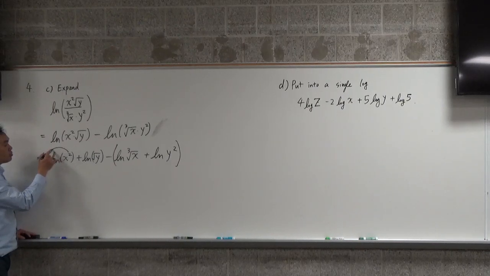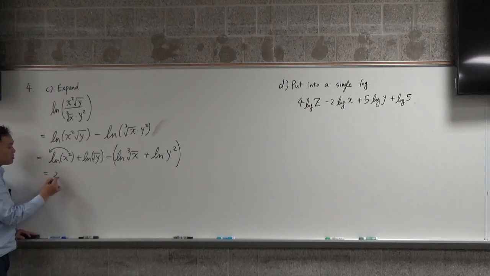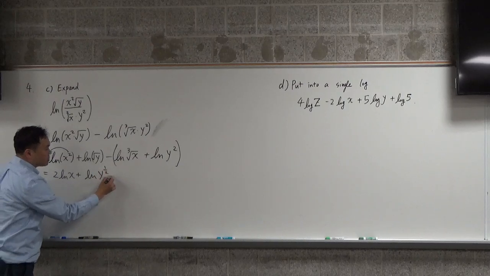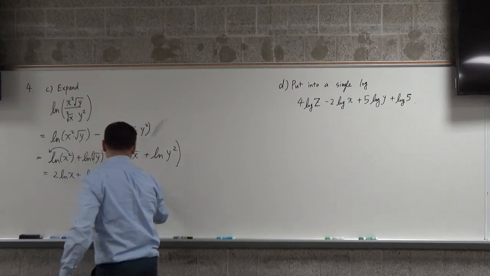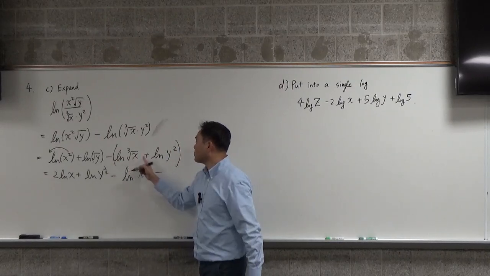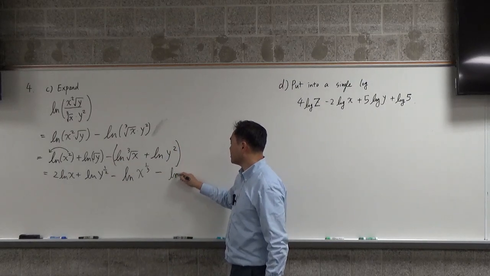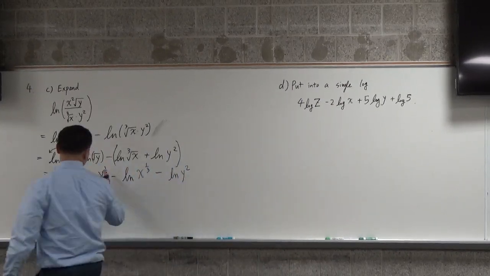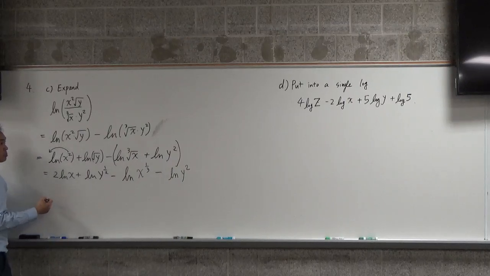Okay, now this 2 can move to the front. Square root is half power. Cube root is 1/3 power. Then this minus applies here. And you make these remaining exponents jump.